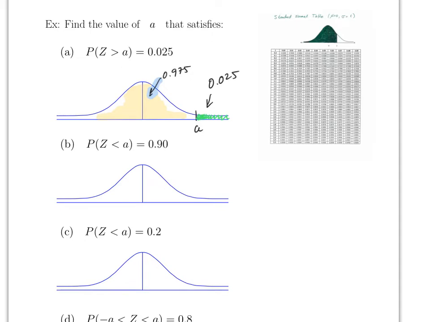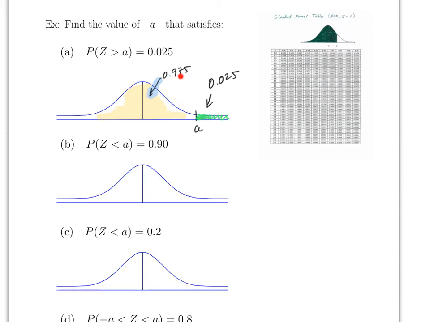How do we find that out? Well, remember that the green was 1 minus the yellow, so that means if you add the 2, it has to add to 1. And this is what I mean by reverse. Now, you're going to go to the table and you're going to try to find this value. Sometimes the value is not there, so you have to find whatever is closer to this.